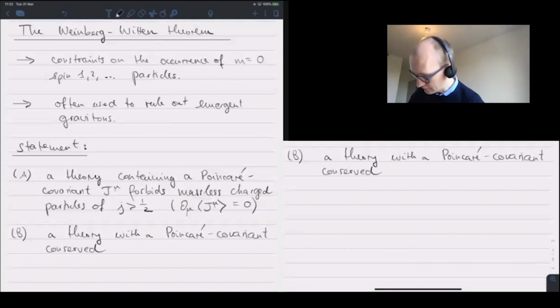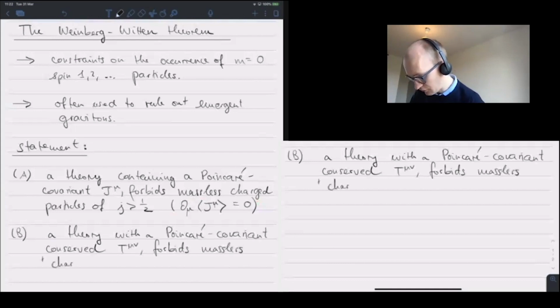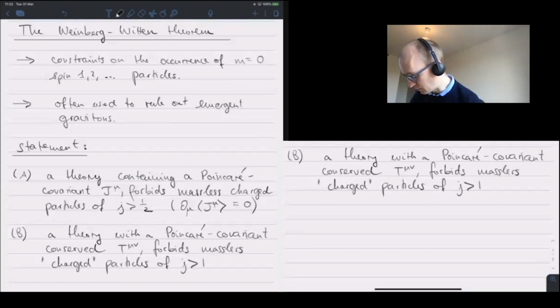So now we add one index. It forbids massless charged, in inverted commas, particles of spin J strictly greater than 1. And of course, the conservation again is d mu T mu nu equal to 0.